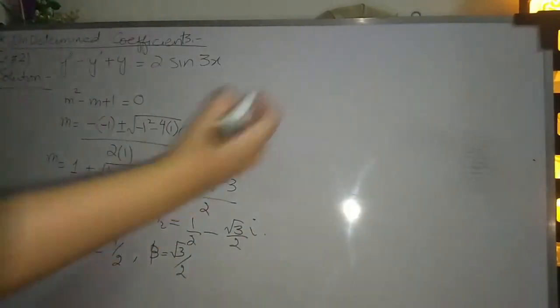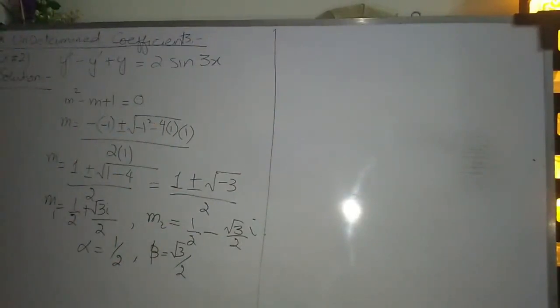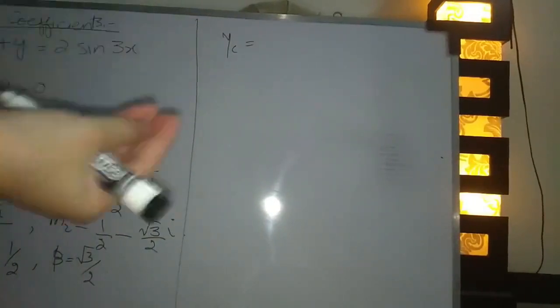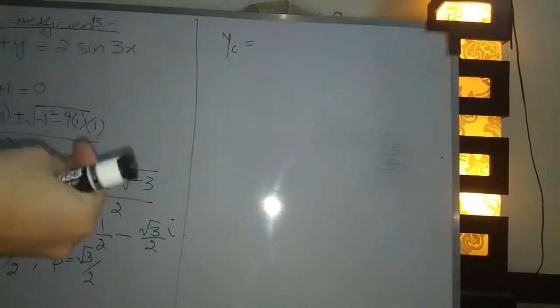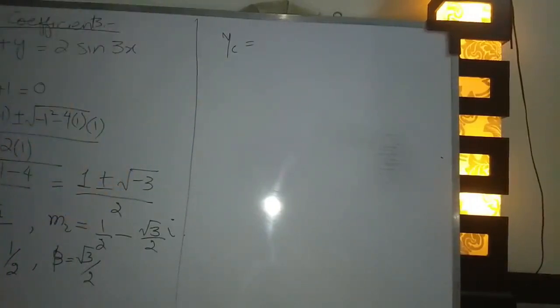Now I am using this space here. So alpha here is 1 by 2 and beta here is root 3 by 2. So for case 3, the general solution is e to the power alpha x, times c1 cos beta x plus c2 sin beta x.